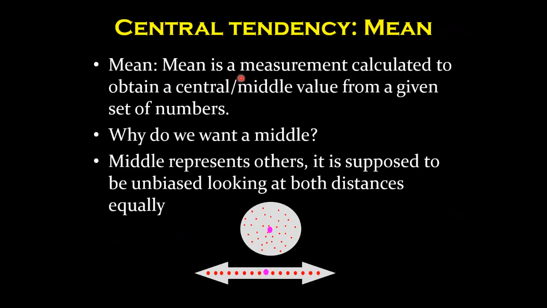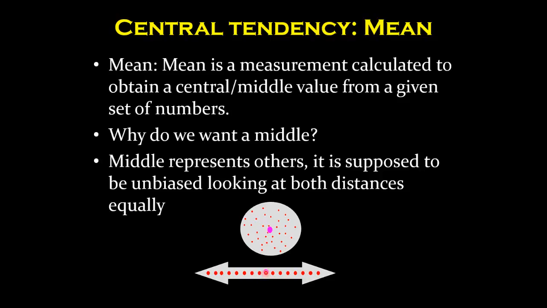Mean is the answer. Mean is a measurement calculated to obtain a central or middle value from a given set of numbers. Why do we want a middle value? Middle represents others. It is supposed to be unbiased, looking at both sides equally.